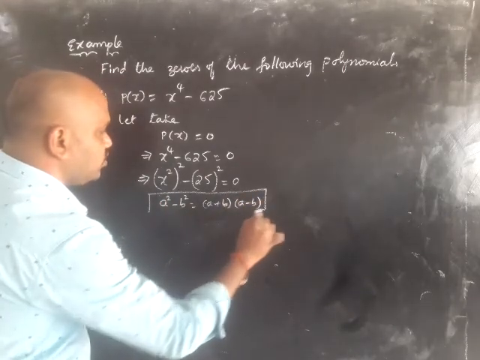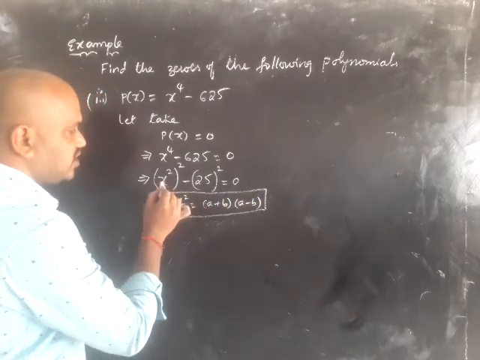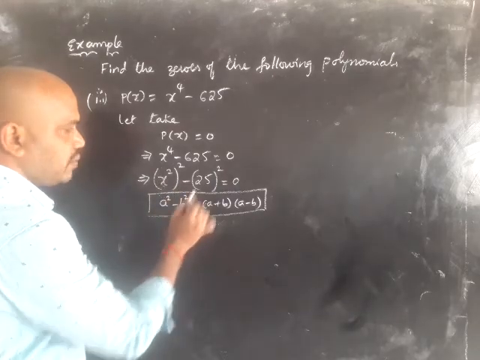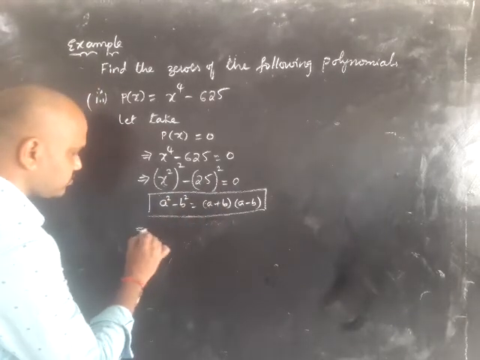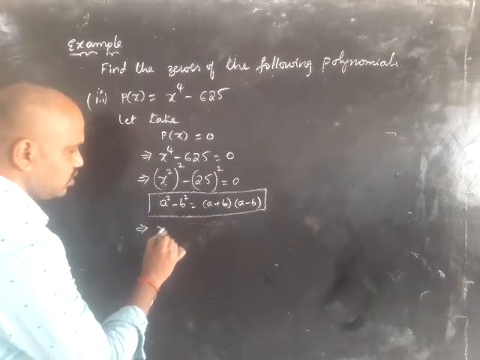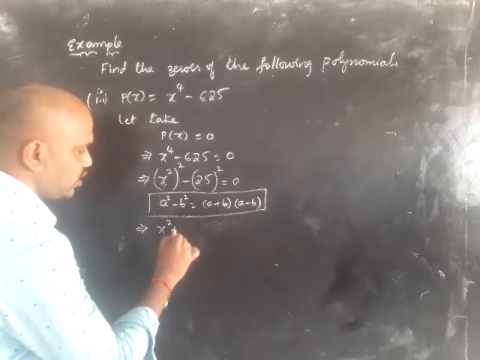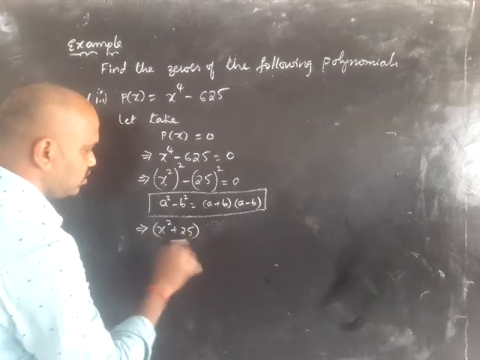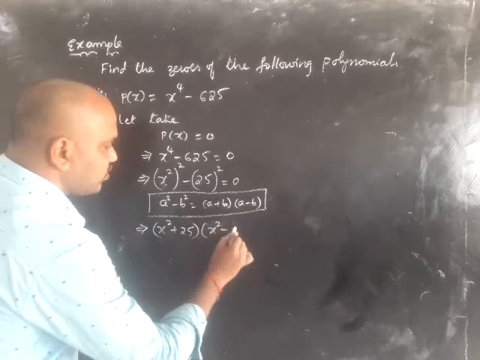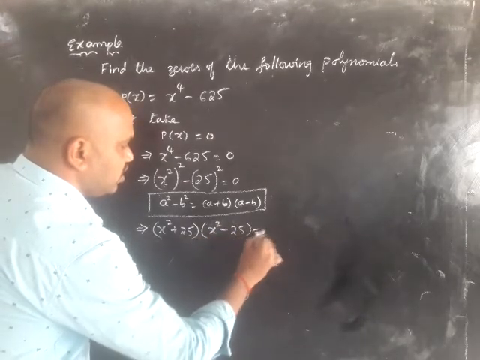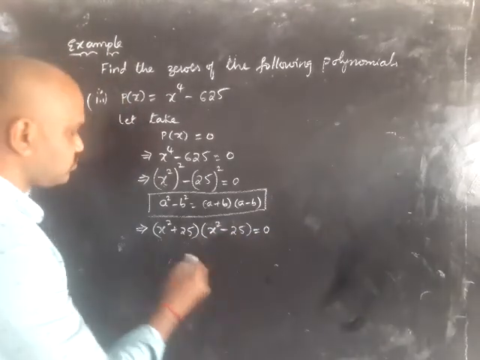a plus b into a minus b. In place of a, what is here? x square. In place of b is 25 here. So x square plus 25 into x square minus 25 equal to 0.